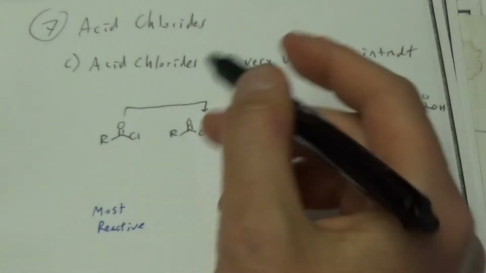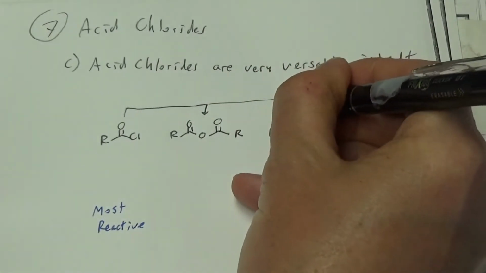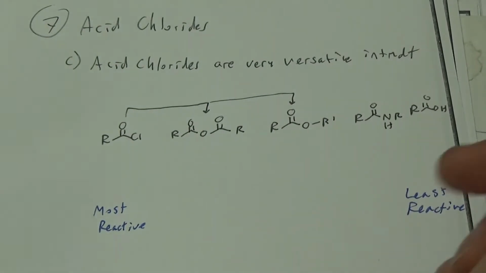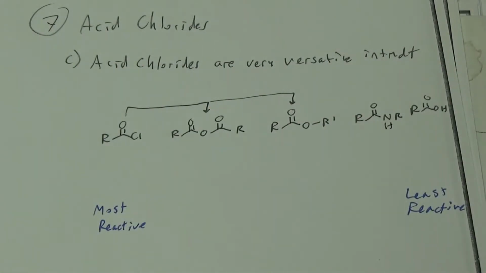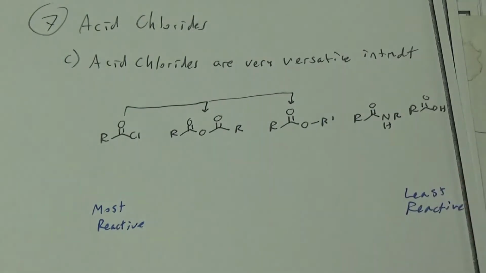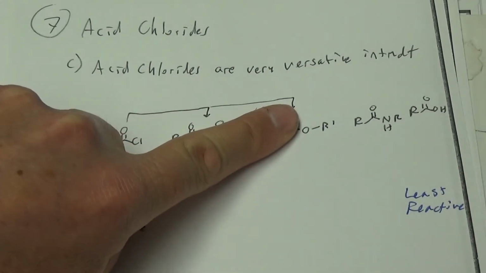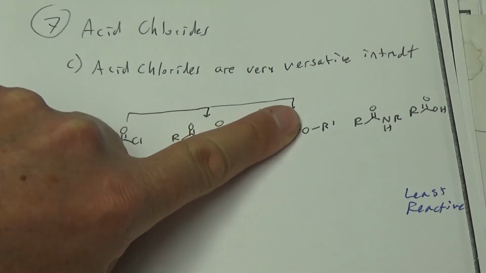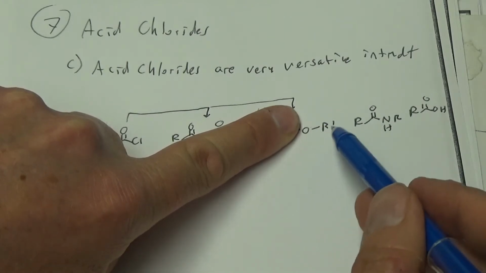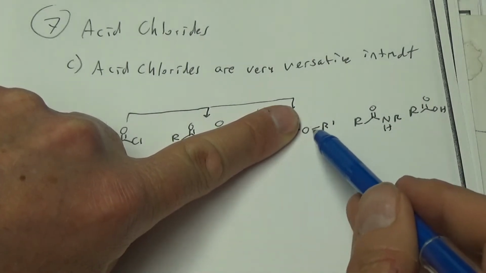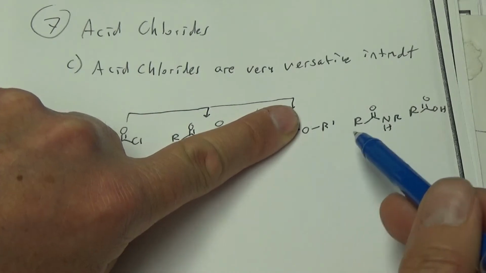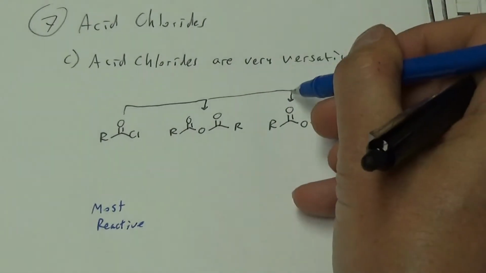But we can also turn an acid chloride into an ester, right? What do you think we add when we go from an acid chloride to an ester? Maybe something that looks like that. Either that, which is like O minus, R prime, or you could do just an alcohol, so HO R prime, right?